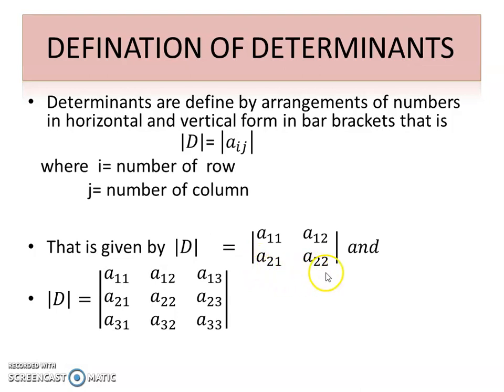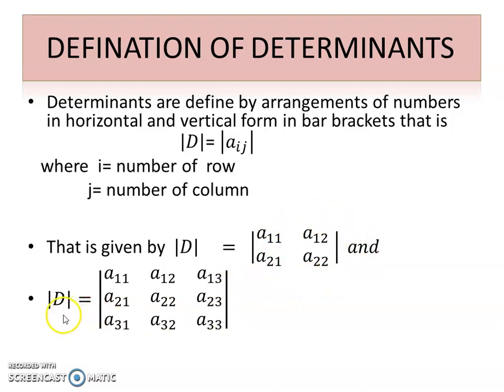A21 and A22 are the elements of the second row, having column first and column second. This is easily understood: i indicates the number of the row and j indicates the number of the column. That means first row first column, first row second column, second row first column, and second row second column. This has 2 rows and 2 columns in a determinant form.